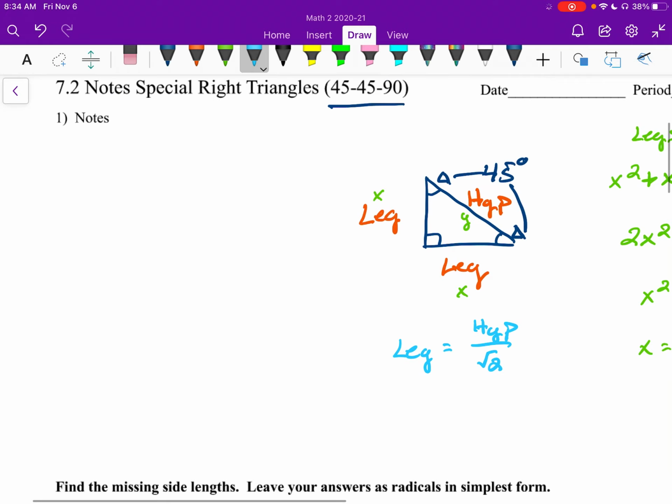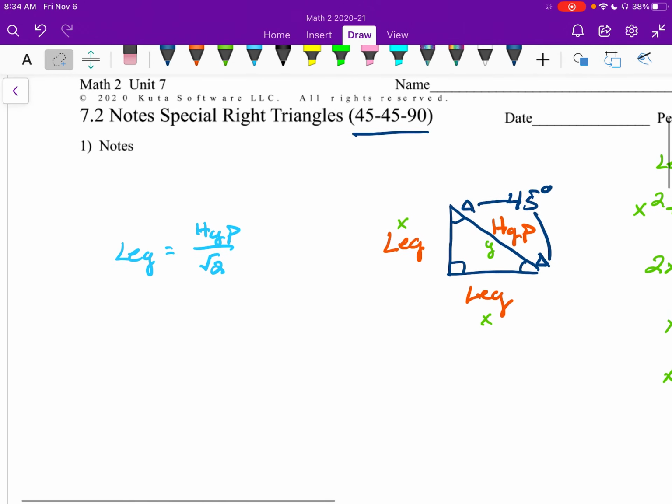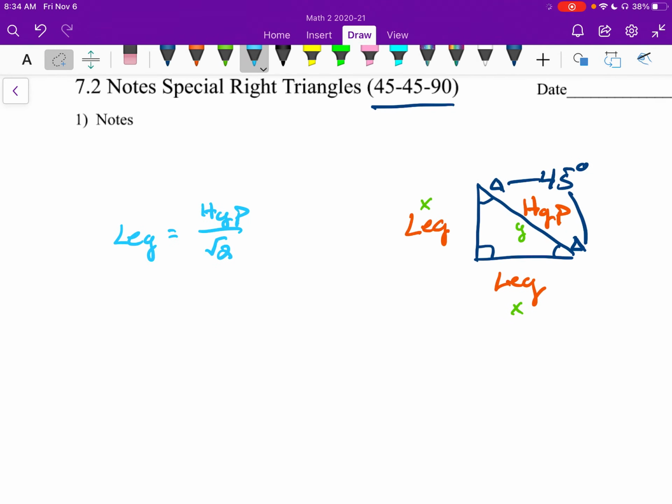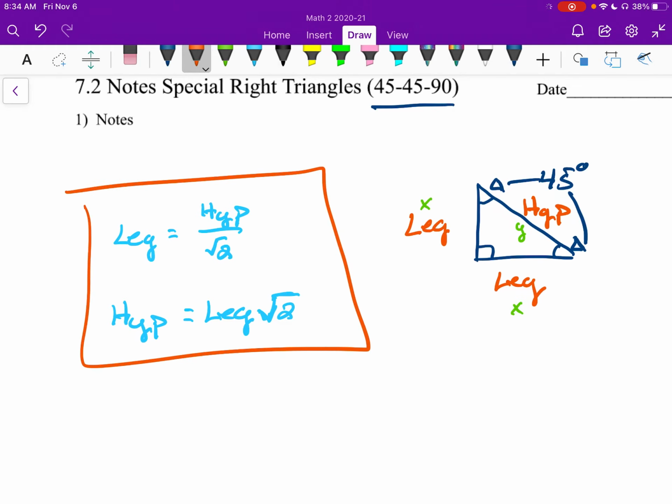And that's going to be useful for us. So we're going to use that idea here. So we have the leg is the hypotenuse over root 2, and you could say the reverse of that, the hypotenuse is the leg times root 2. This here is the big idea of today's lesson.